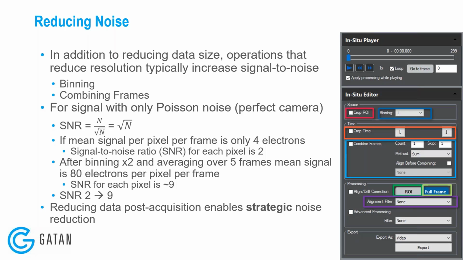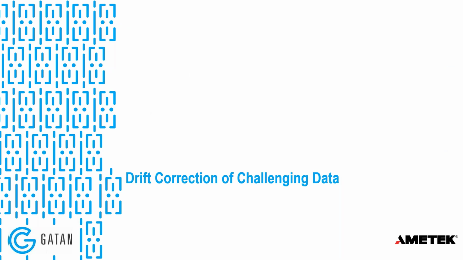And I can tailor the exact amount of binning and number of frames that I average to the data set that I have. And I can try it and see how it works. And then if I don't like it, I can try again. You can't do that so easily during an in-situ acquisition.